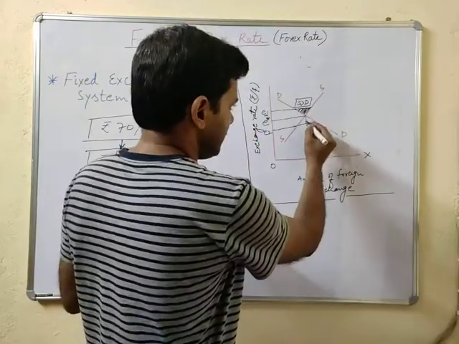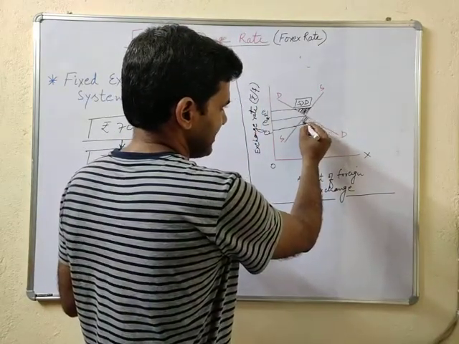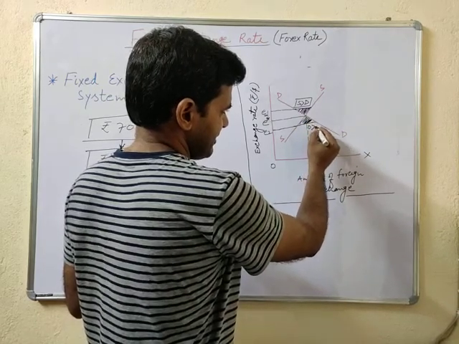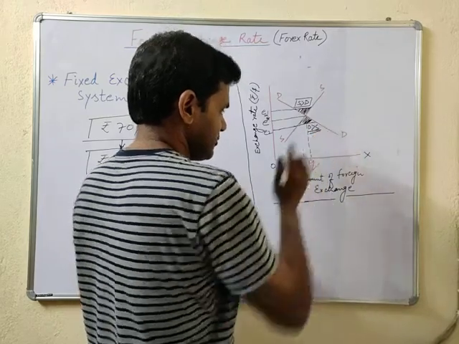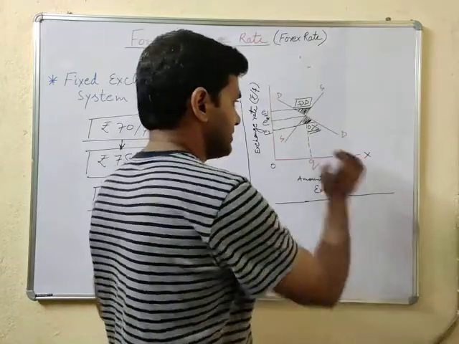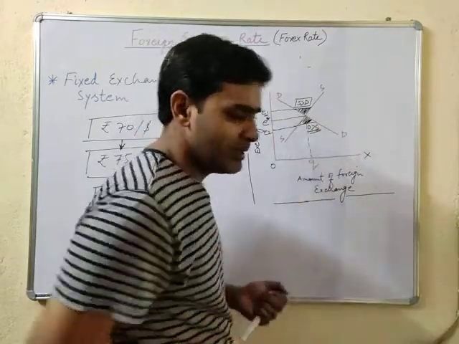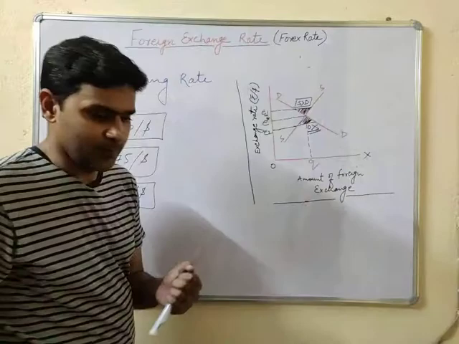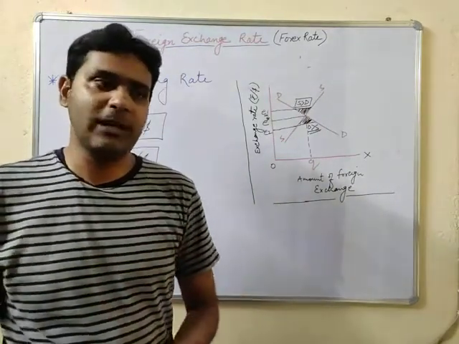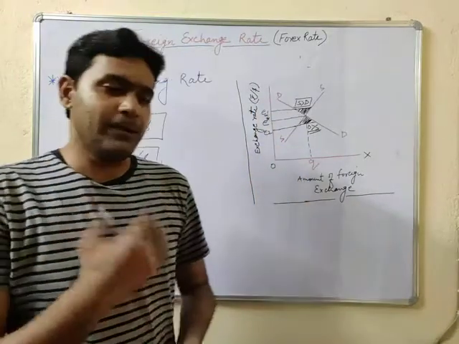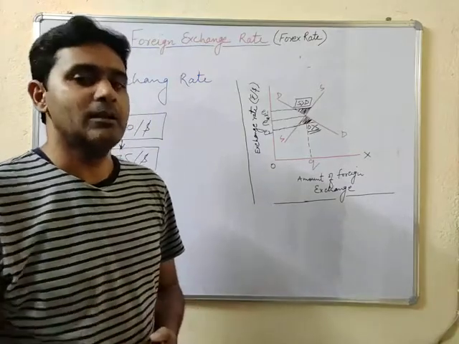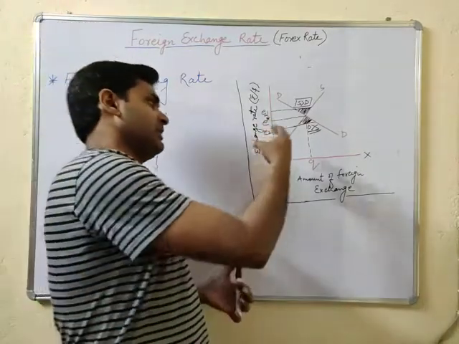And what is the situation over here? Here the demand for foreign exchange is greater than its supply. So the Central Monetary Authority will supply this or will fill this gap. So in this system of exchange rate, the monetary authority or central bank plays a vital role by purchasing and selling international currencies or foreign exchange.